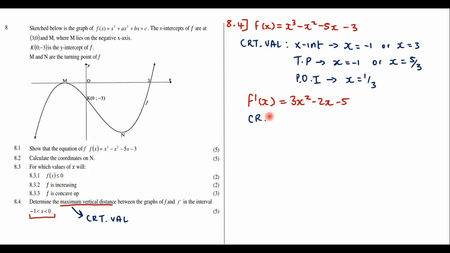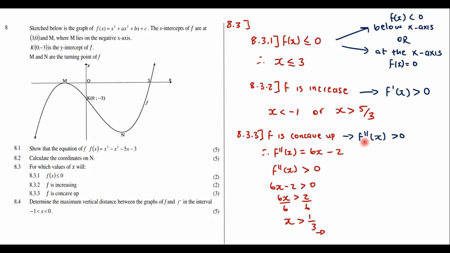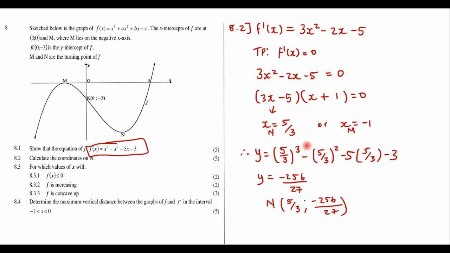So the first critical value that I can think of is always the x-intercepts, right? Luckily here, we did actually solve this when we were looking for turning points. These values are the first critical values of this, because if you're looking at this from the derivative point, then these are the x-intercepts of this graph, right?